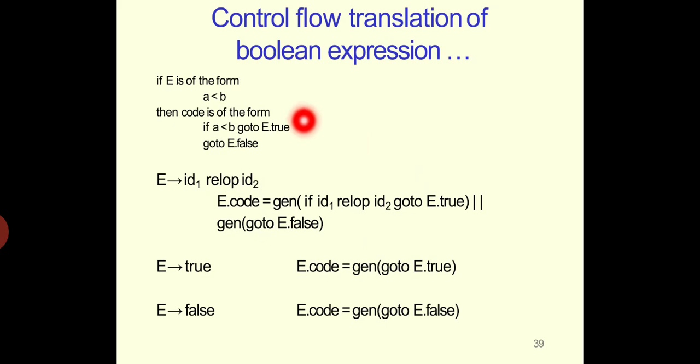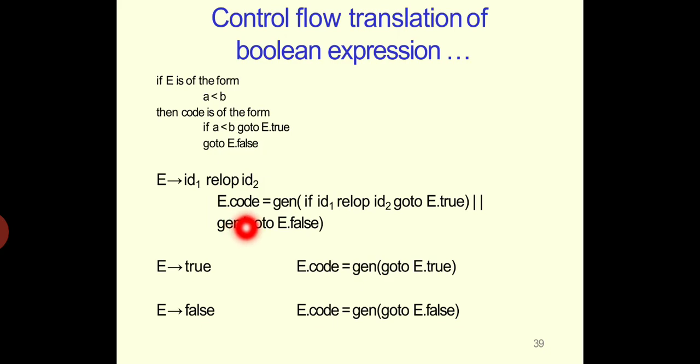Then if the expression E is of the form A less than B, then the code is of the form: if A less than B go to E.true, go to E.false. So the translation will be based on this. E is ID1 relop ID2.